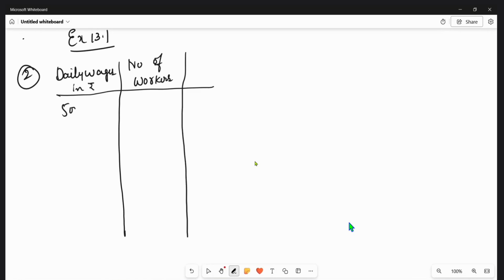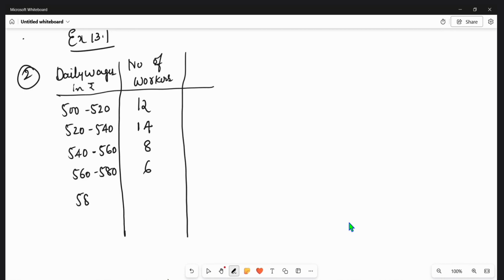So 500 to 520, it is 12. 520 to 540, it is 14. 540 to 560, 8. 560 to 580, it is 6. 580 to 600, they've given 10.